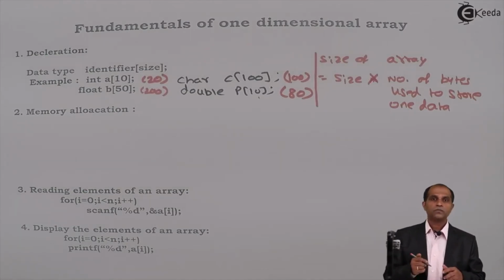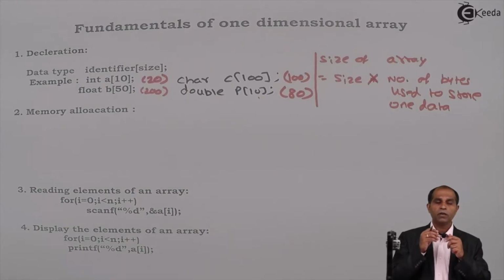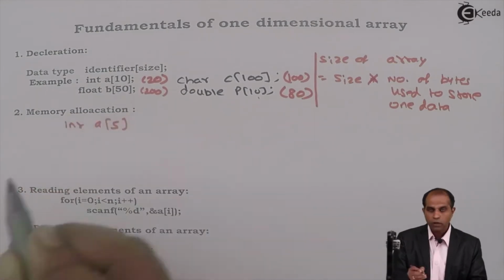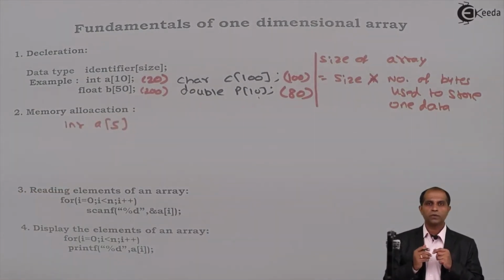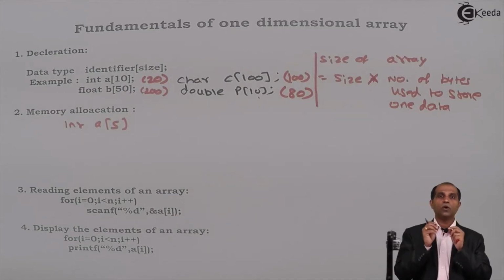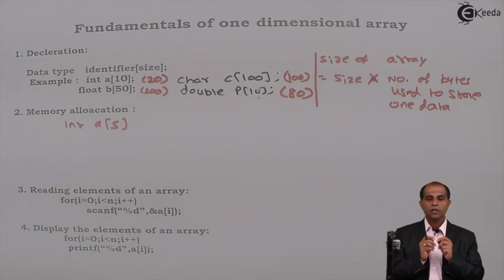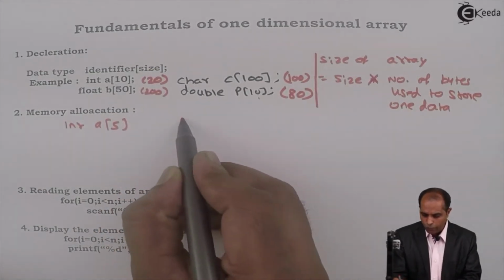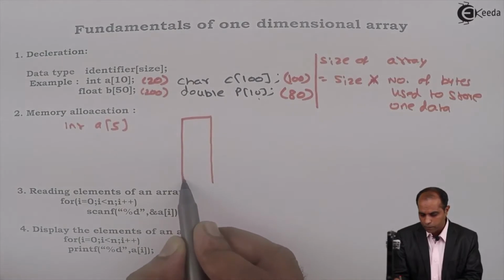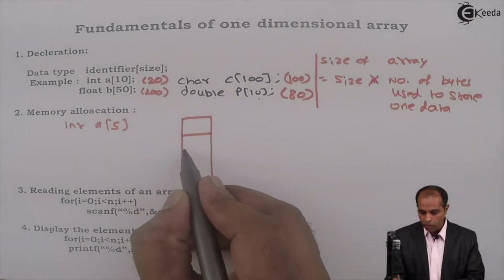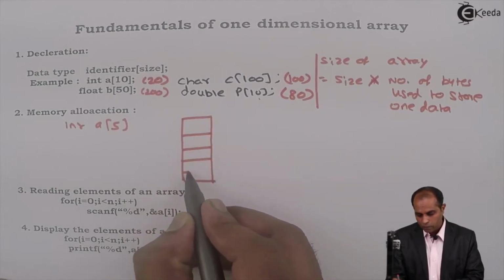Okay, now how exactly does the memory allocation go internally? When I say int a of say 5, how exactly does this memory allocation go? Will this memory be scattered? No, the memory is always sequential. It will identify 5 free locations, each location capable of handling one data.